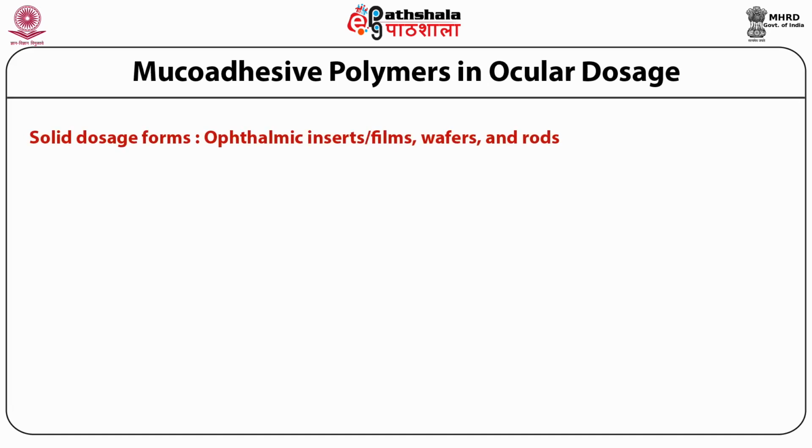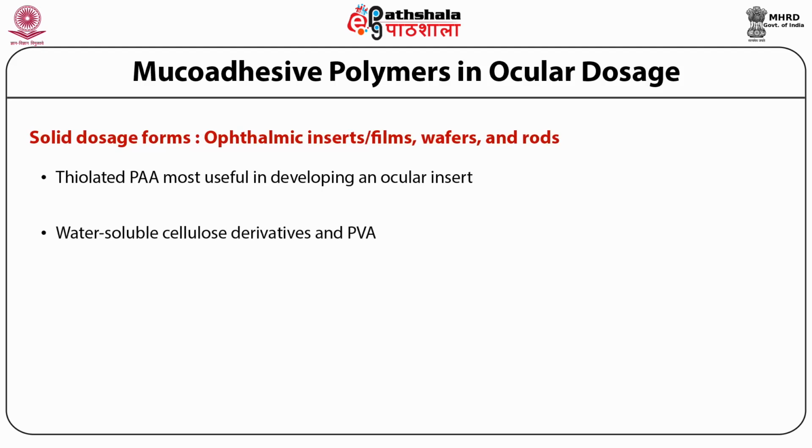Solid dosage forms primarily include ophthalmic inserts, films, wafers, or rods. Thiolated polyacrylic acids are most useful in developing an ocular insert. Water-soluble cellulose derivatives and polyvinyl alcohol can also be used for the same purpose.